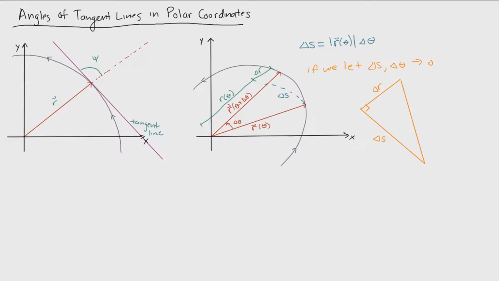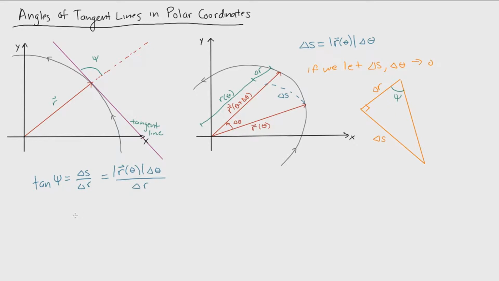So what we can do is define this angle as phi. Now that we have that, we can define tangent phi as simply the change in s, or the change in the arc length, which is this blue line, divided by the change in r. And we also know what the arc length is in terms of the angle. So this is going to be the magnitude of r times the change in theta divided by the change in r.